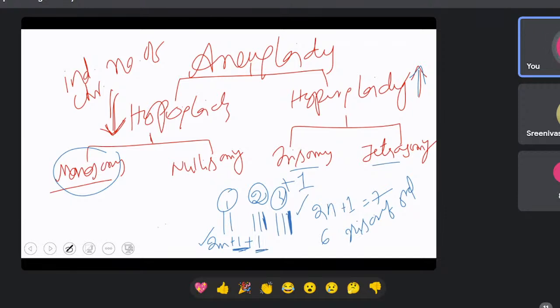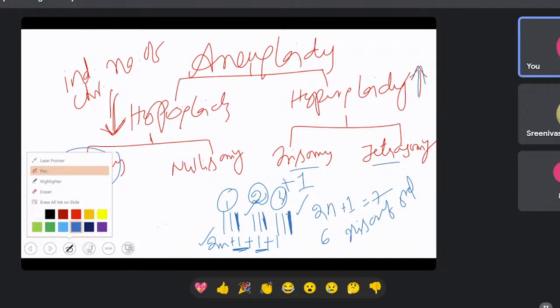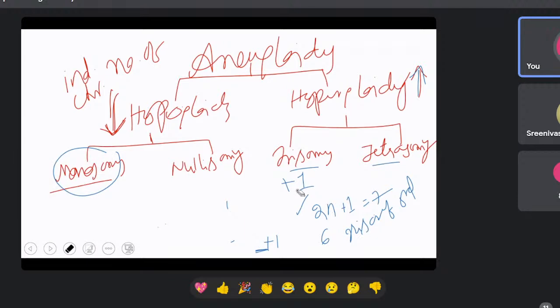Next plus 1 refers to trisomy of the second chromosome. So double trisomics are represented as 2n plus 1 plus 1. If another chromosome is added to another pair, then it becomes 2n plus 1 plus 1 plus 1 and so on. They are said to be triple trisomics.